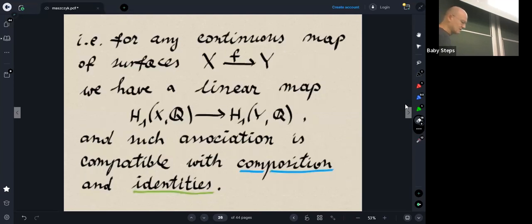So, as I understand it, we associate to X this vector space H1(X, Q), and to the arrow f the associated linear mapping between H1(X, Q) and H1(Y, Q). Yes. So in a sense, you could write that this linear map is of the form H1(f, Q). Okay.